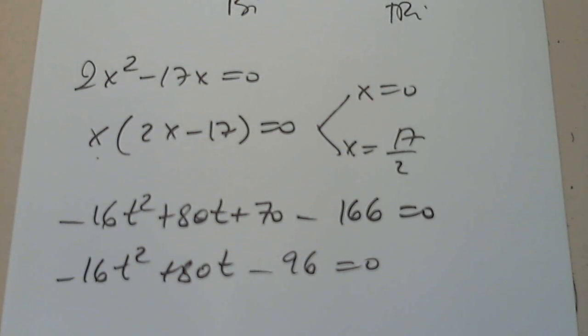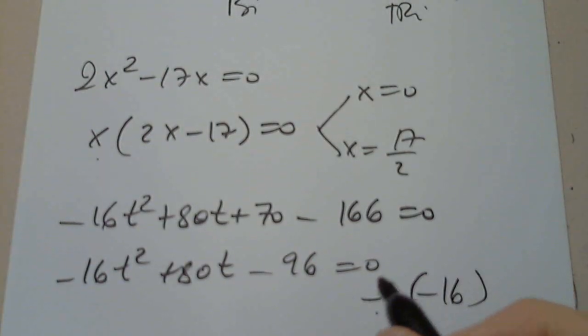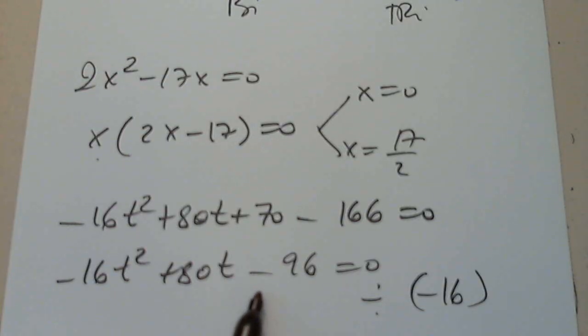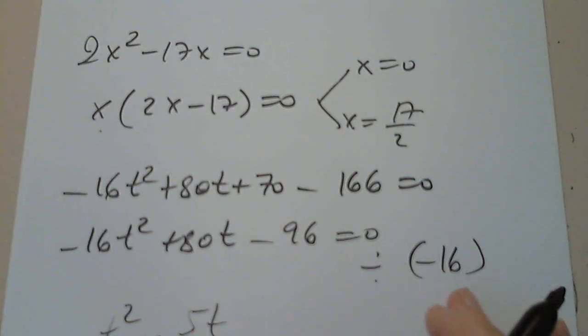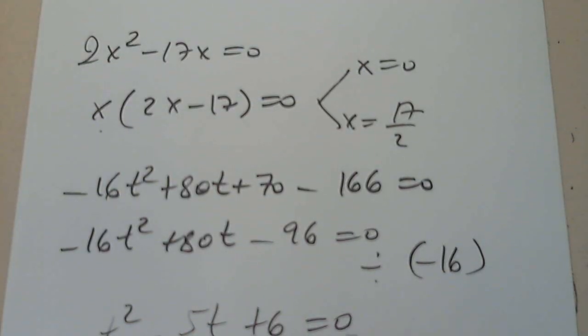Yes. I will never ever solve a quadratic equation with a negative leading coefficient. That would be silly. Also, I hope I can divide both sides by negative 16. If it works out, if it doesn't, then no. So this is t squared, this is negative 5t, and this is positive 6.